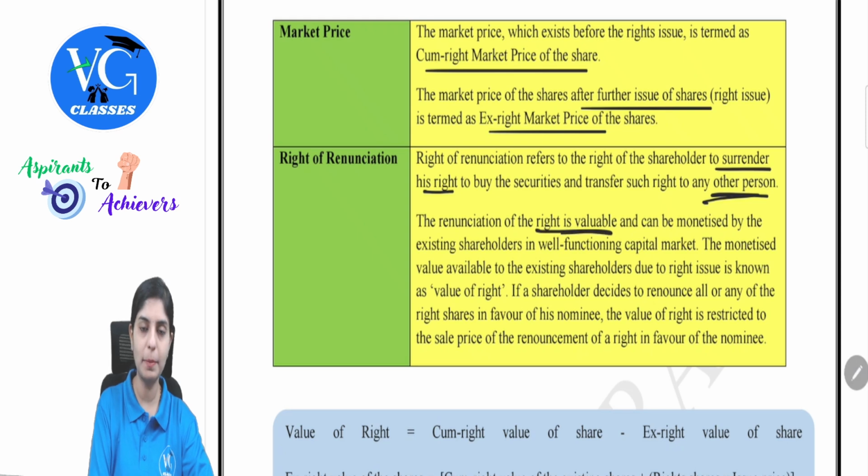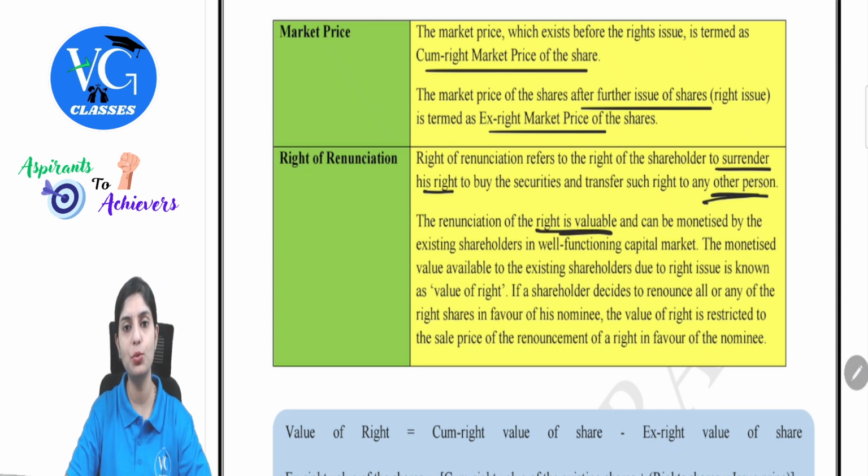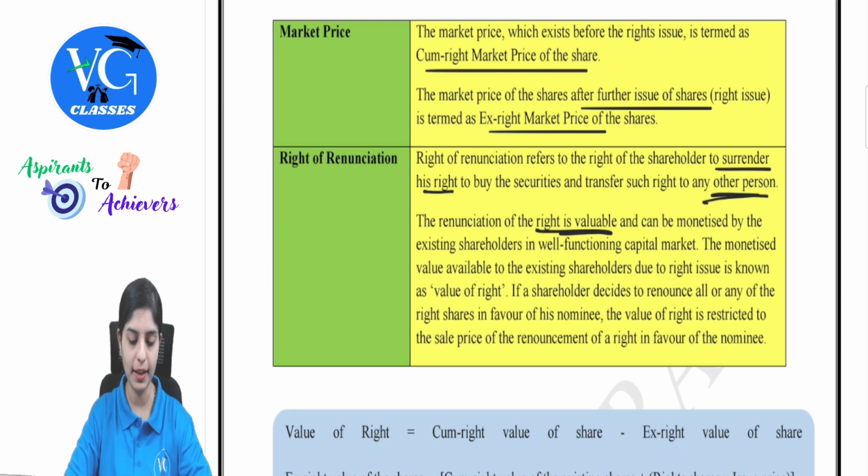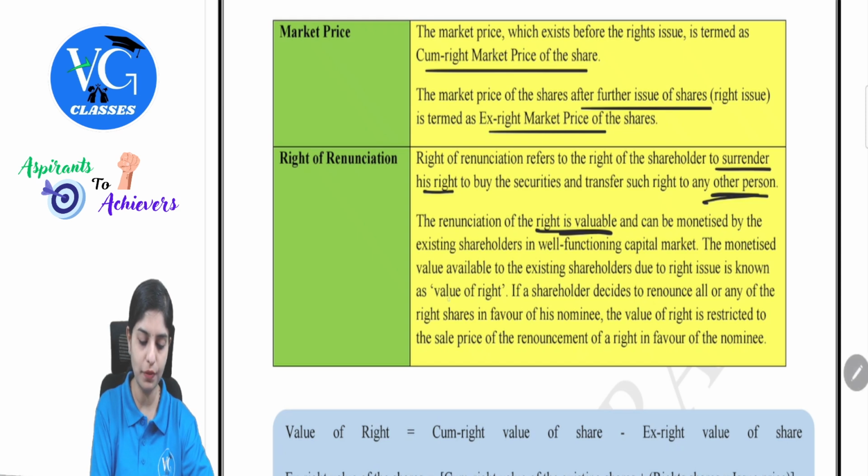So whatever right you're passing definitely has a value, which is called the value of a right. They can monetize it in a well-functioning capital market. The monetized value available to the existing shareholders due to right issues is known as value of right.